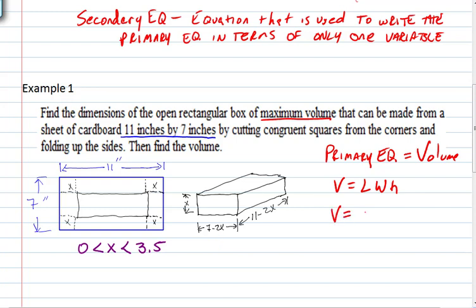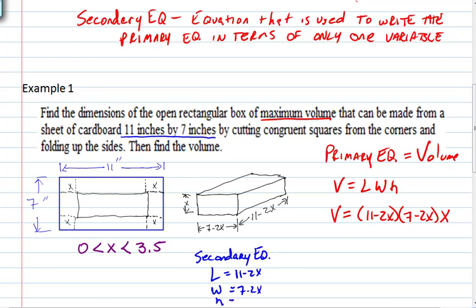So our volume is going to be the length, which is 11 minus 2x, times the width, which is 7 minus 2x, times the height, which is x. So our secondary equations are just the sides for the length, the width, the height.